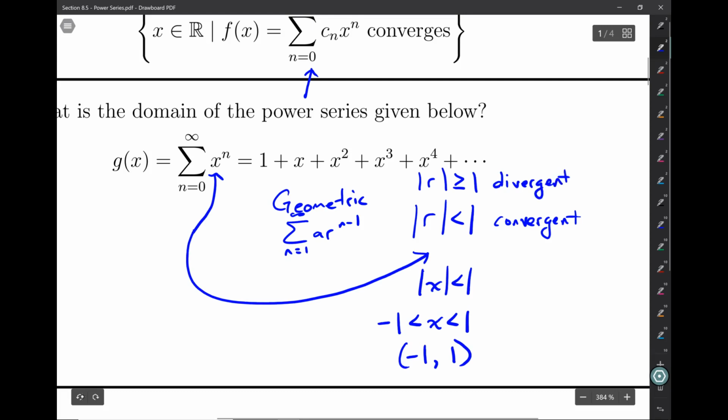And so we now know definitively that if x is anything other than a value between -1 and 1, not including -1, not including 1, then we would actually get a divergent series. The only values for which this series will converge is making sure to have an x value that's between -1 and 1. So our domain is the open interval from -1 to 1.